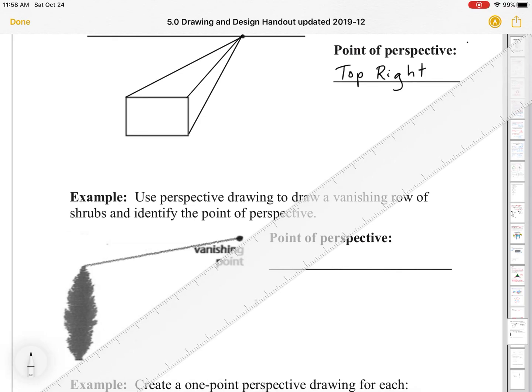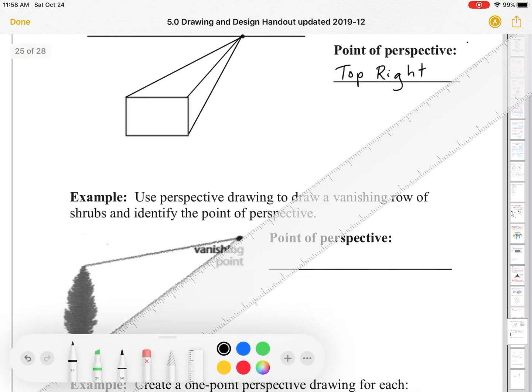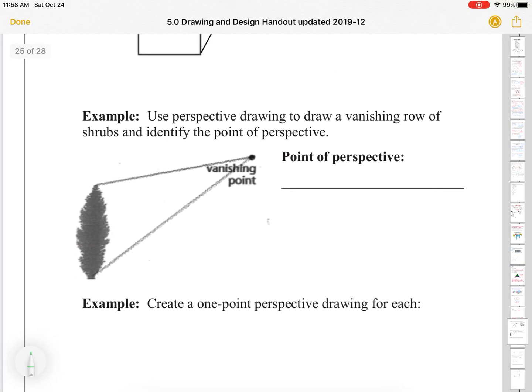I'll connect with my vanishing point. And then I want to sketch in shrubs that appear to be vanishing as they move closer to this.